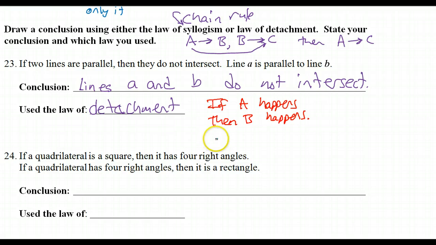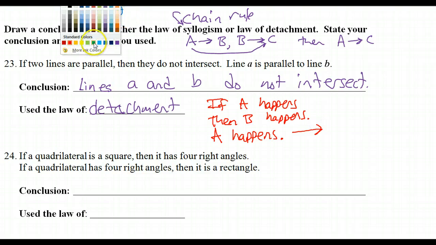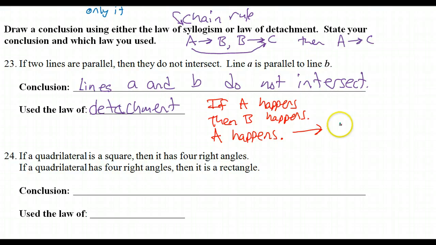And then we are given A happens, and we are being asked what we can conclude. The conclusion is going to be B happens. That B happens statement is your conclusion of a detachment.